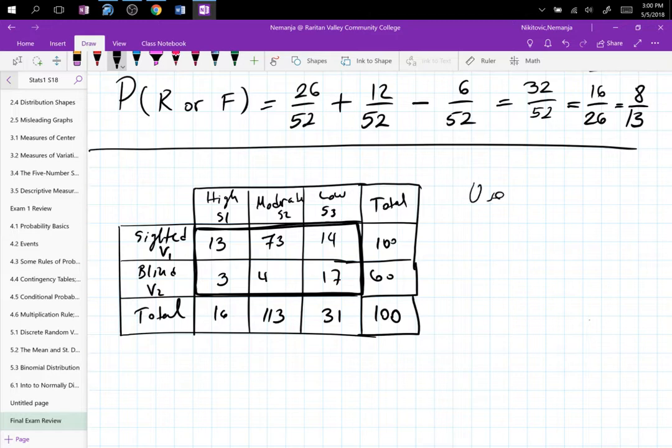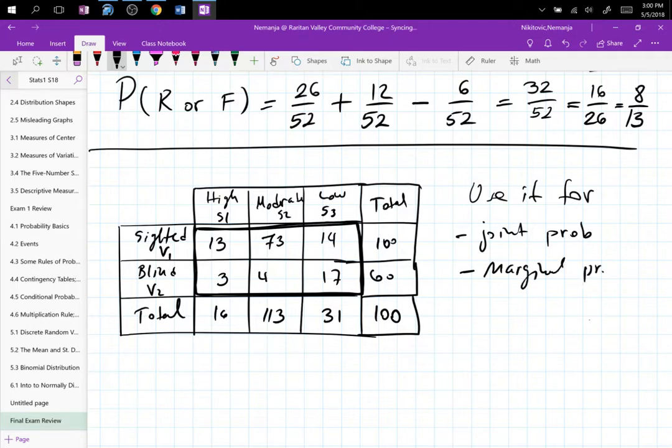So use it for joint probability, marginal probability, and, what is the other one? Conditional, thank you. So joint probability, marginal probability, and conditional probability.